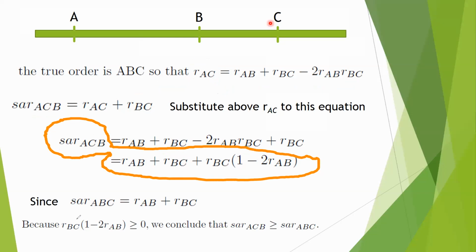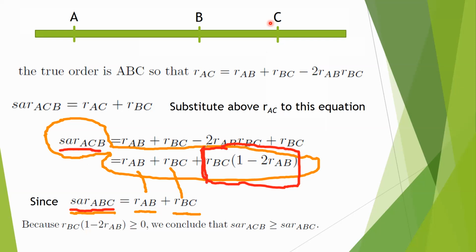And by definition, the SAR ABC is very easy, equals to RAB plus RBC. So this is the same here and here. So now the key point to complete your demonstration is we need to know the difference here, right? Because the SAR ACB and the SAR ABC, the only difference is this part. Is this part greater than 0, less than 0? This makes a big difference, right?